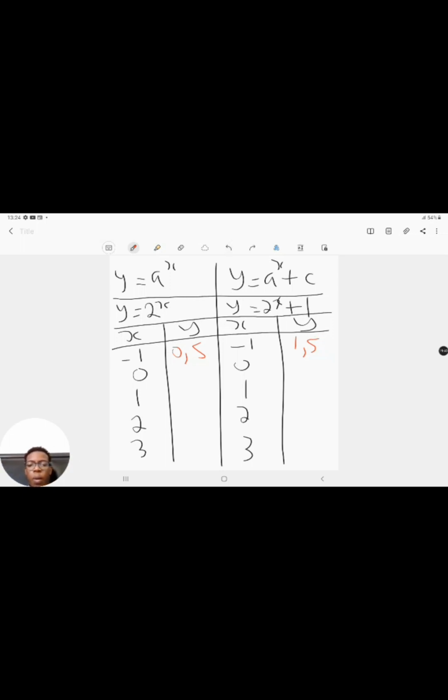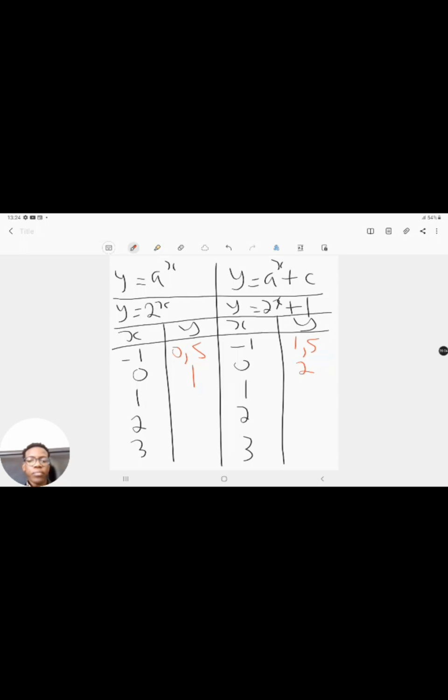When x is equal to 0, y is equal to 2 to the power of 0, which is 1. For the second equation, you get 2 to the power of 0 plus 1, which is 1 plus 1, giving you 2.